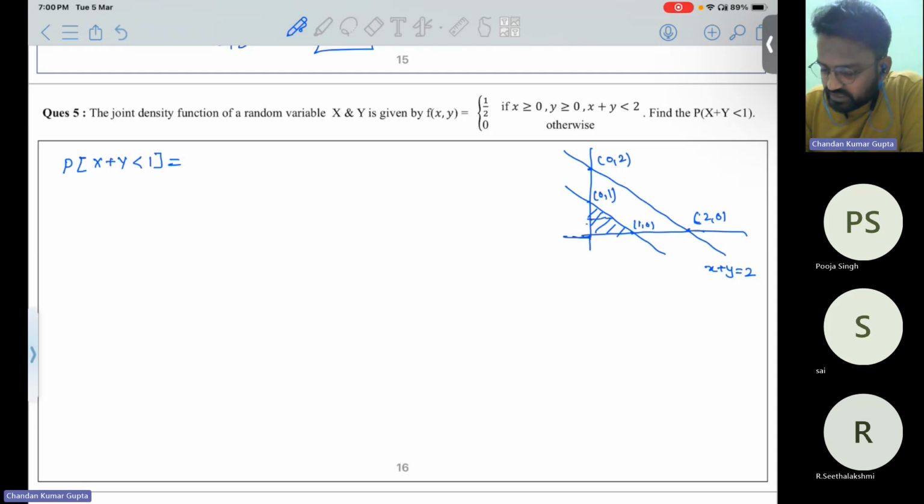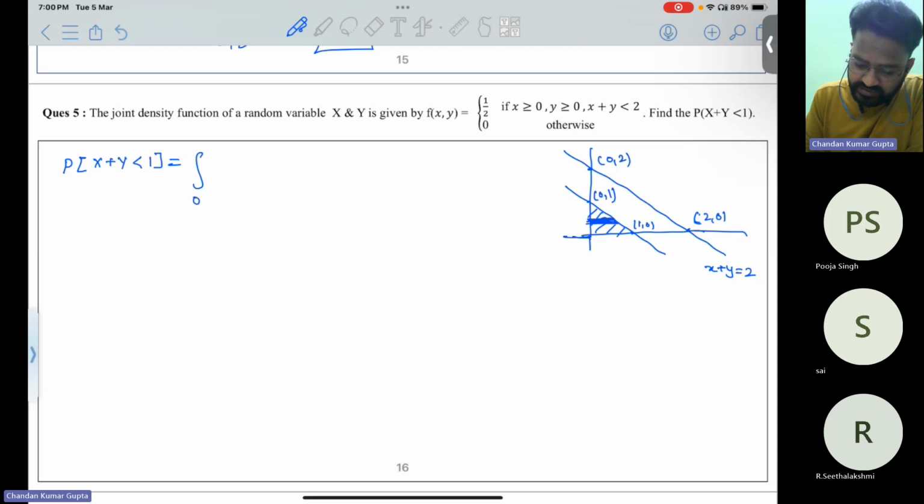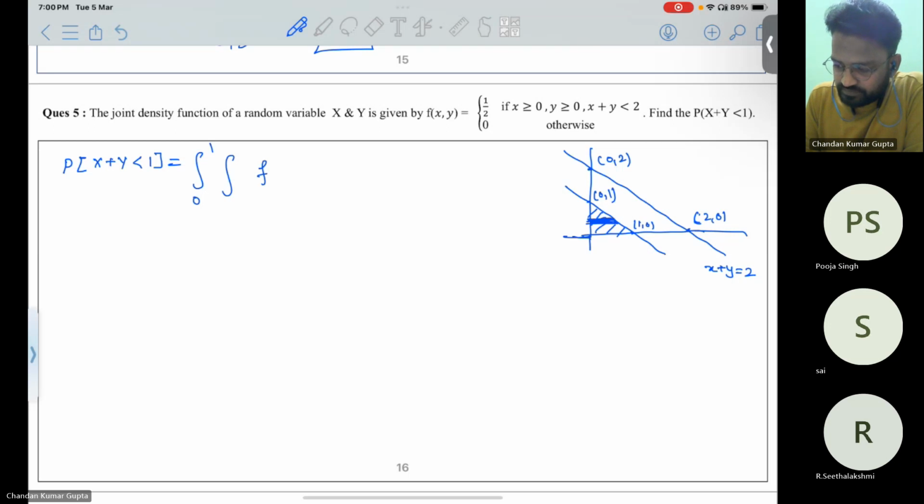We need to calculate this probability. Taking the strip like this, the probability can be evaluated as the integral from 0 to 1 of f(x, y) dx dy. The range of x is from this point to this point.